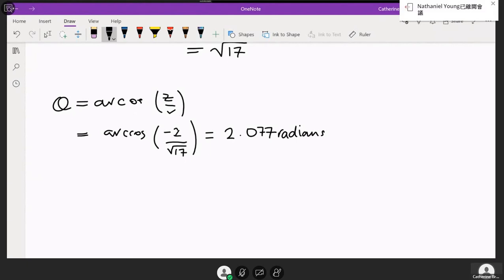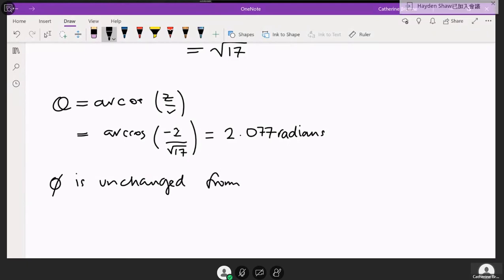So I don't have to make any adjustment to that. And phi, as I mentioned before, is unchanged from the cylindrical value.